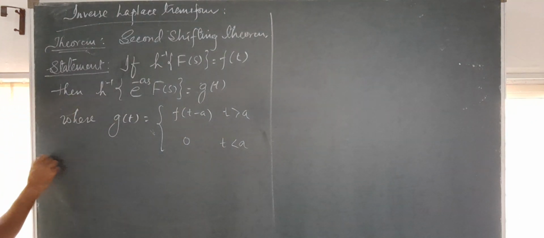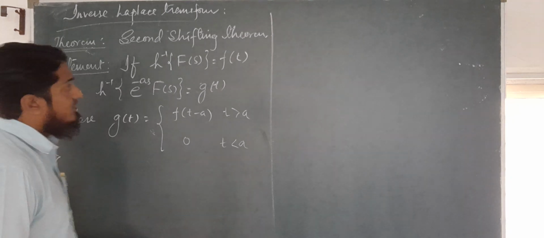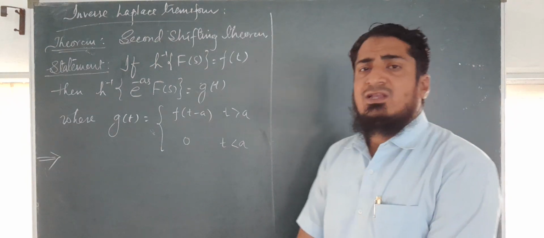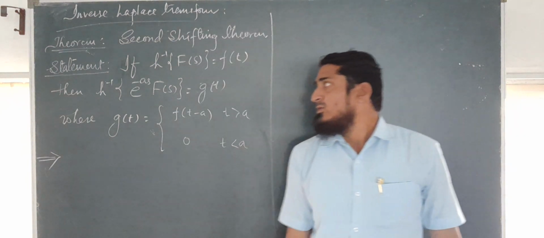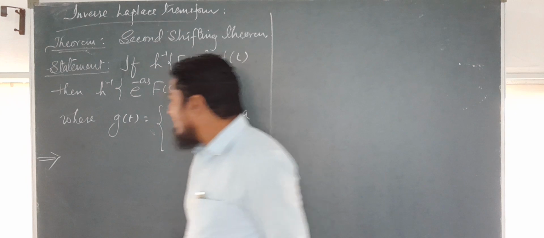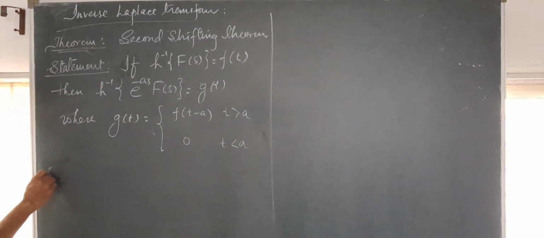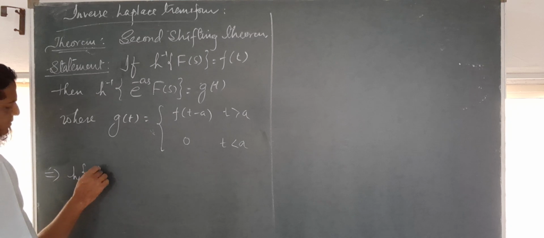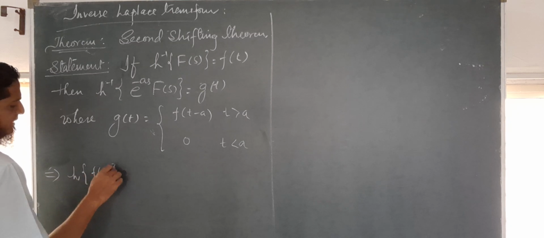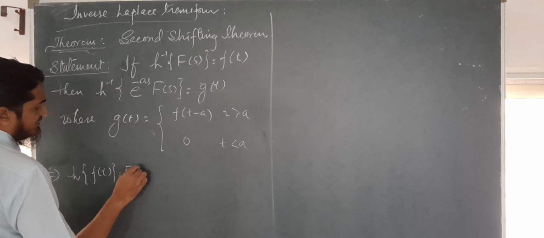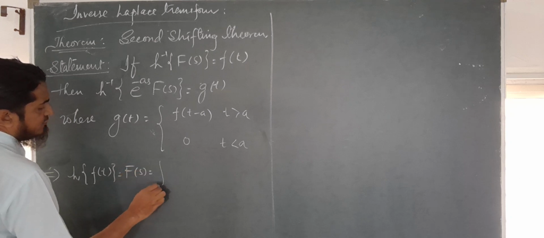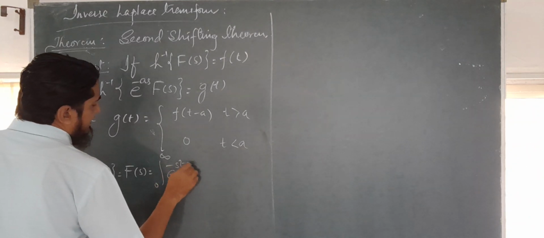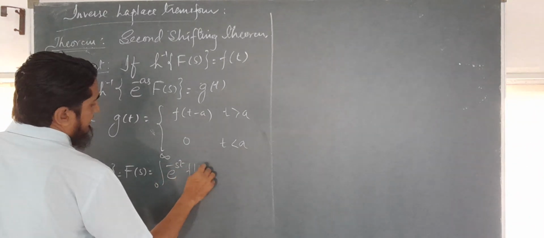Now, as we have seen in the previous theorem, the first shifting theorem, we just applied the definition of Laplace transform to f of t. Similarly, we will apply the definition of Laplace transform of f of t. So we will get Laplace transform of f of t is equal to F of s is equal to integration from 0 to infinity e raised to minus st f of t dt.